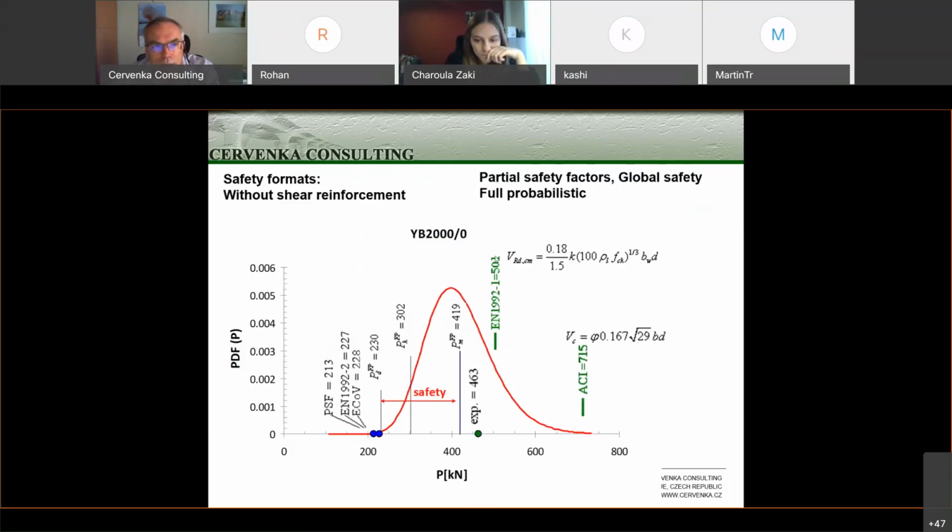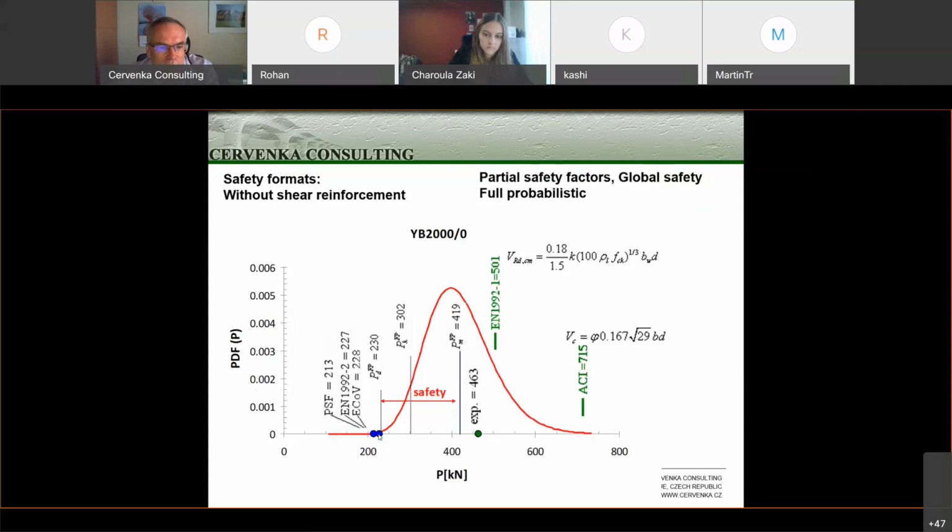And now on this example of this shear beam without reinforcement, we can also see how these various methods compare to each other. So here you see the various results. The first point is this PSF method.